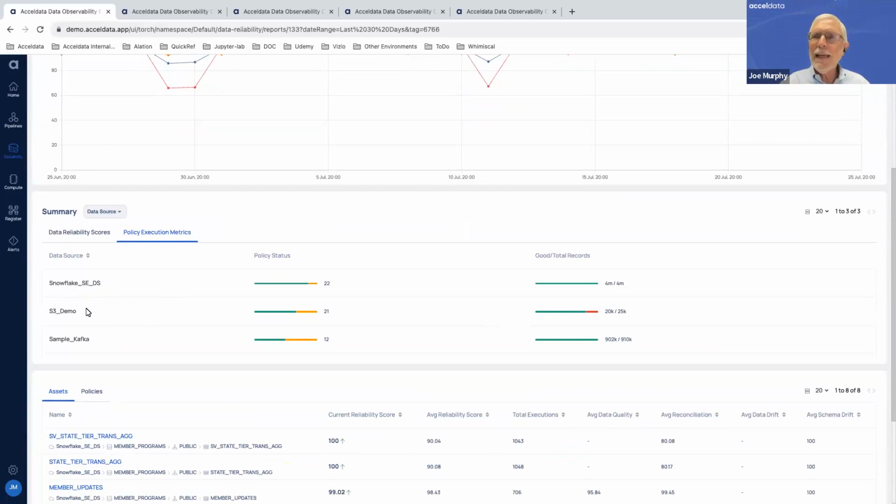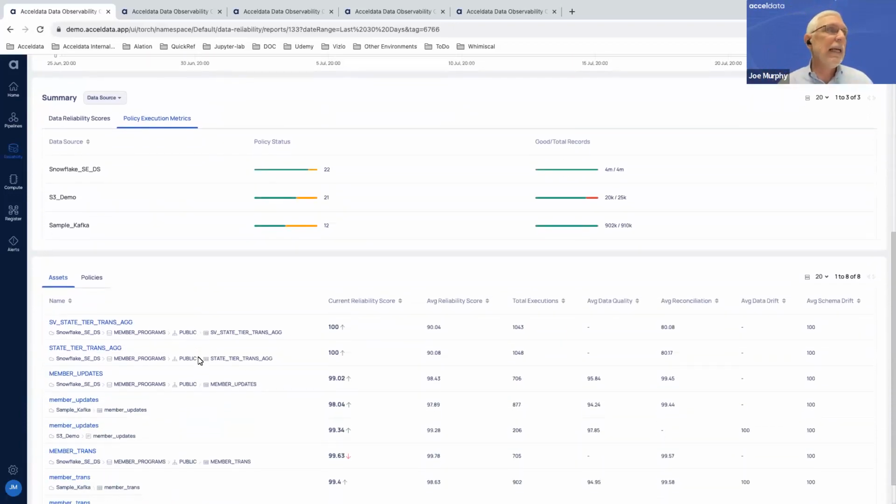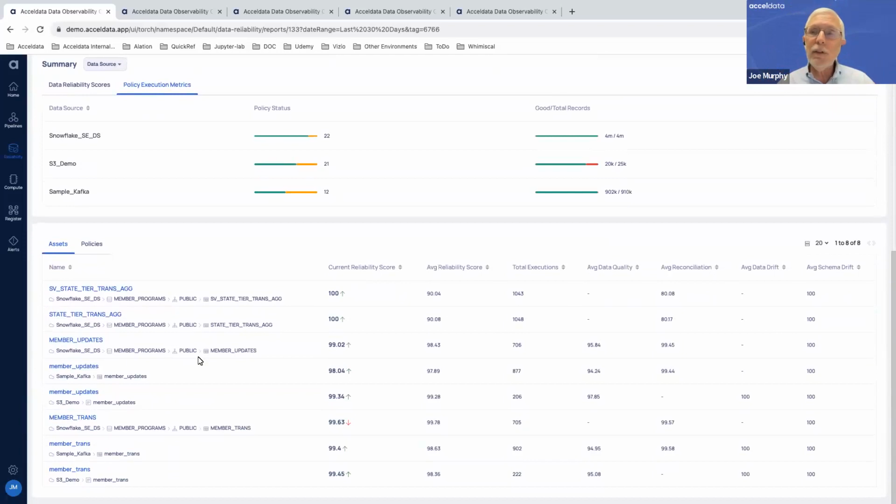I'm actually getting data that's sourced from my systems of record into, say, S3, and I'm picking up and checking the reliability there before it's actually published for multiple consumers, maybe out to Kafka, right? So then it eventually gets to my data product, but I want to understand its reliability all across its landscape, as well as the individual assets that are within that landscape, maybe the final products in Snowflake, or some of those assets that are being measured all along their life cycle, right?